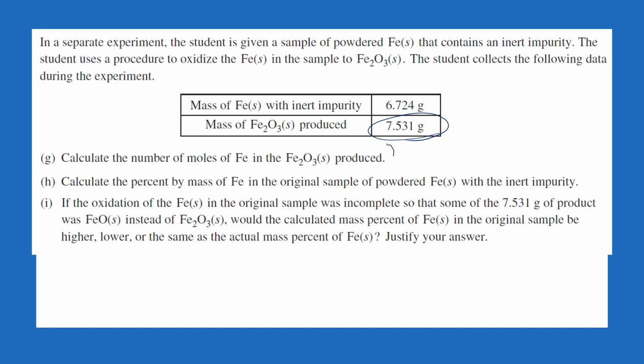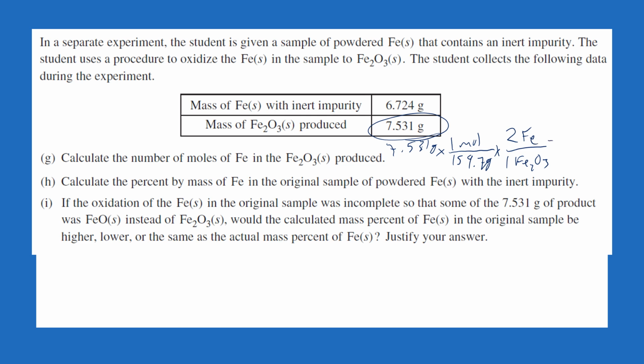And so you would, 7.531 grams, you would first change grams to moles of the Fe2O3 using the molar mass, which is 159.7 grams per mole. And then I need to indicate, okay, so for every one Fe2O3, there are 2 iron atoms.